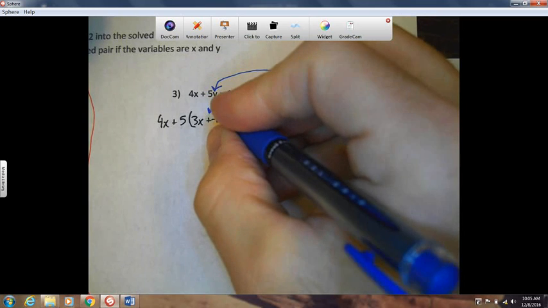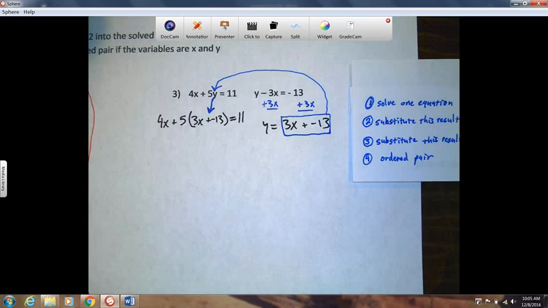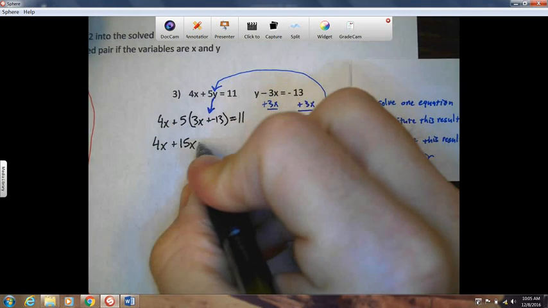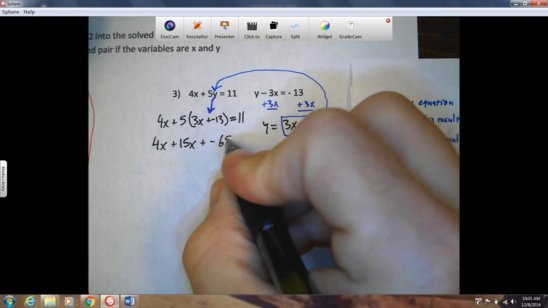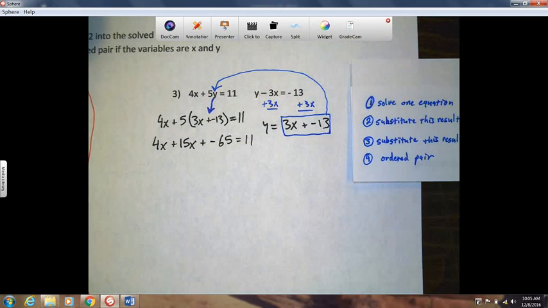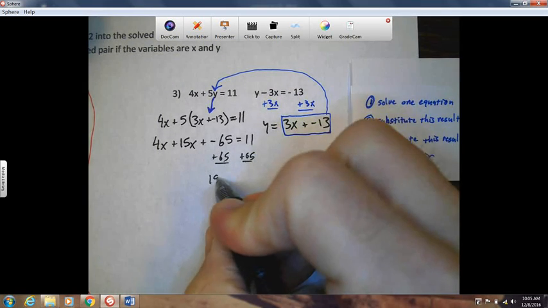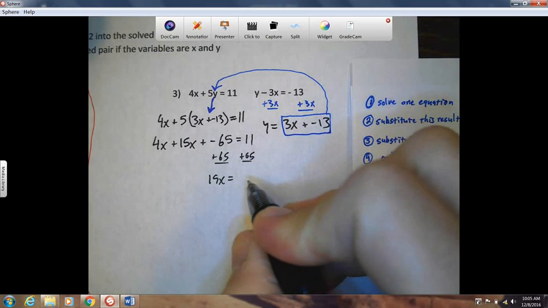Then do distributive property. I'm going to add 65, so then you can go ahead and solve like we've done before. And divide by 19, so x is equal to 4.